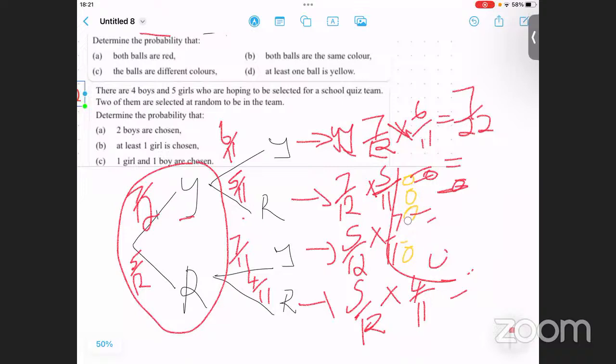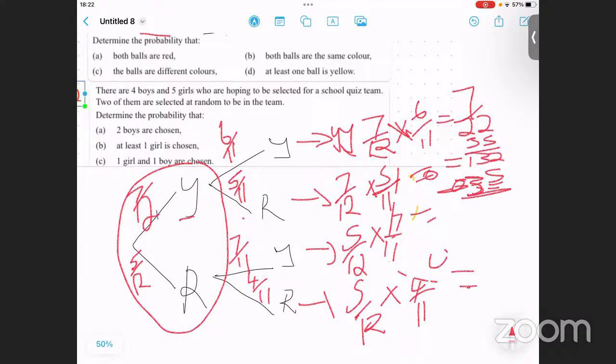Let me wipe these. Okay, for the third one, you said you got 35 out of what? Out of 132. 132, okay.